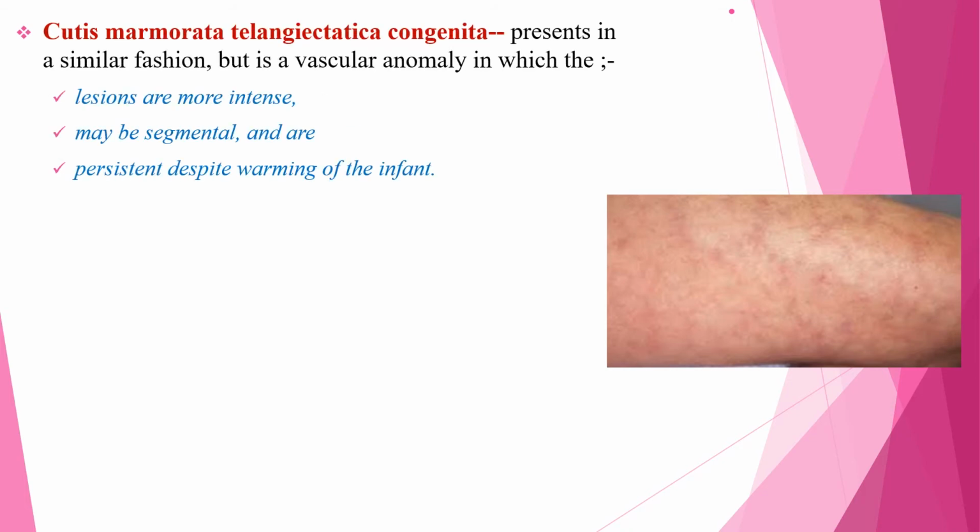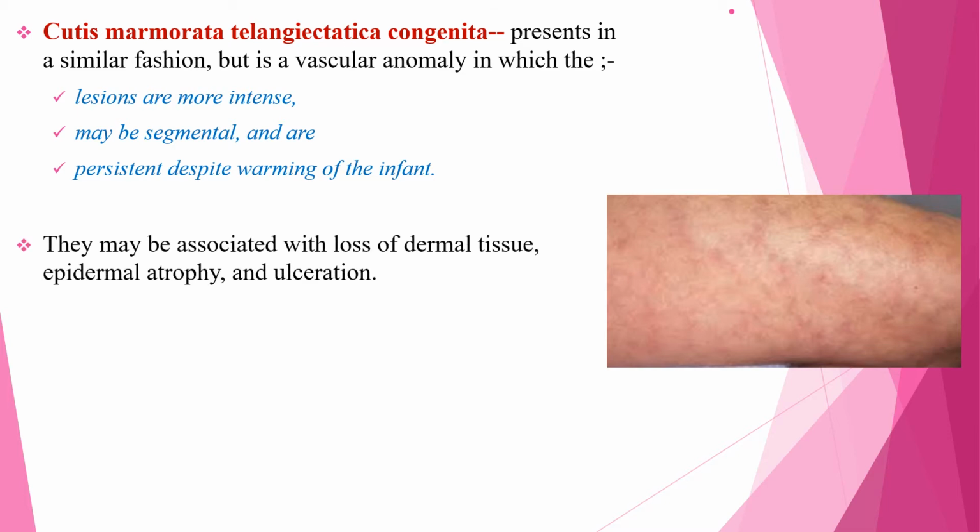Cutis marmorata telangiectatica congenita presents in a similar fashion to cutis marmorata, but is a vascular anomaly in which the lesions are more intense, may be segmental, and rarely may persist despite warming of an infant. They might be associated with loss of dermal tissue, epidermal atrophy, and ulceration.